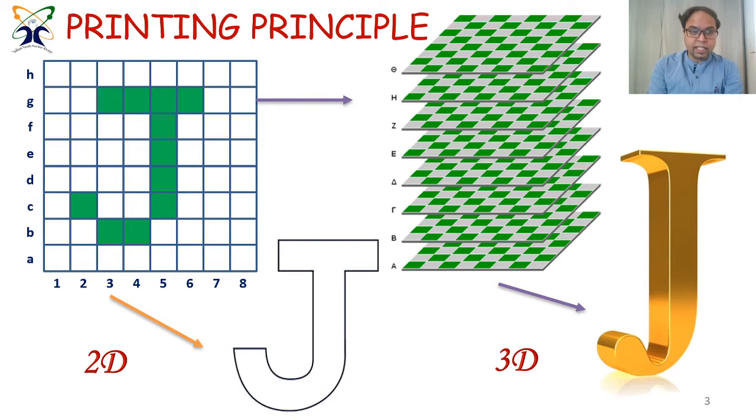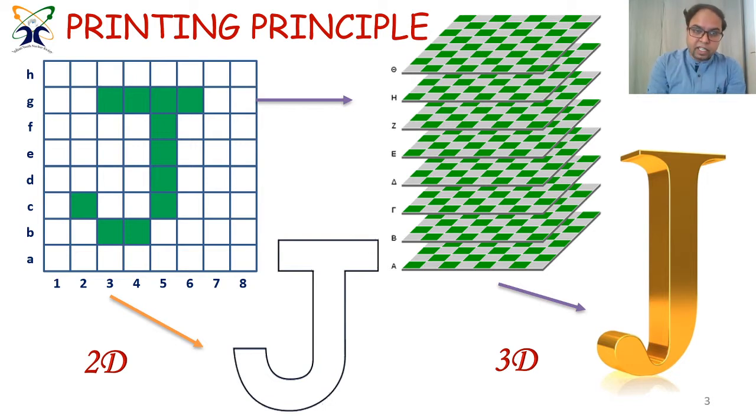Follow the green colors. If you follow the top, it's G3, then G4, G5, G6, then F5, and in this manner you can follow the dedicated pixels which are to be printed.